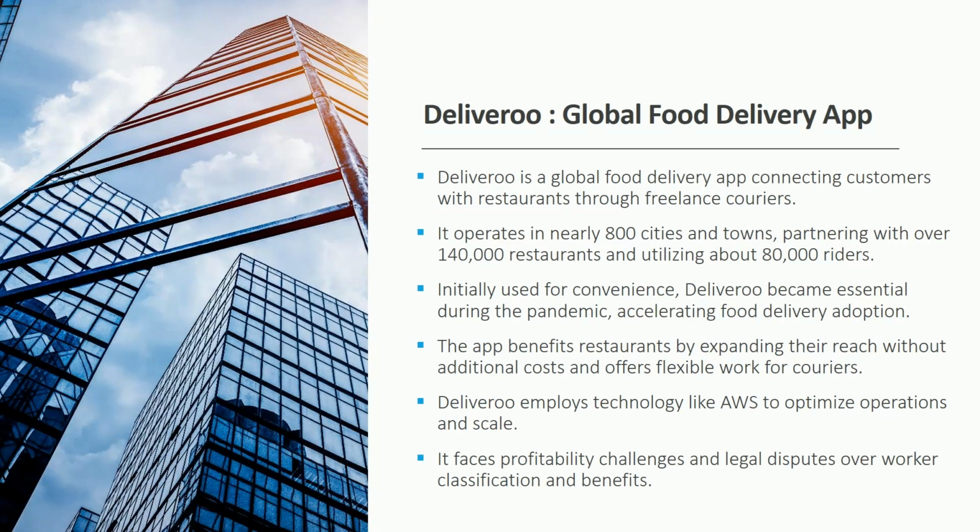So Deliveroo, in this case, they don't have additional cost for both of the couriers and the restaurants. But here in Taiwan, we have Foodpanda and Uber Eats. Both of these apps will cost the restaurants and the driver, I think. Yeah.